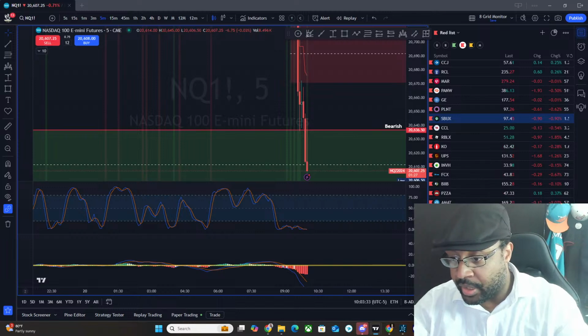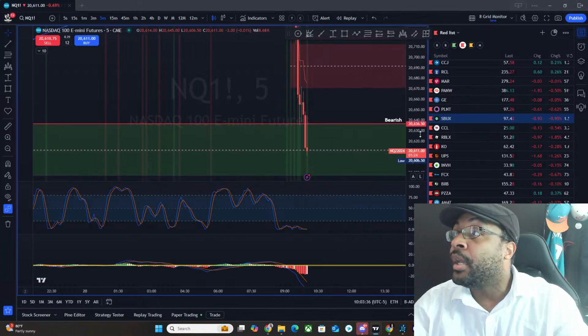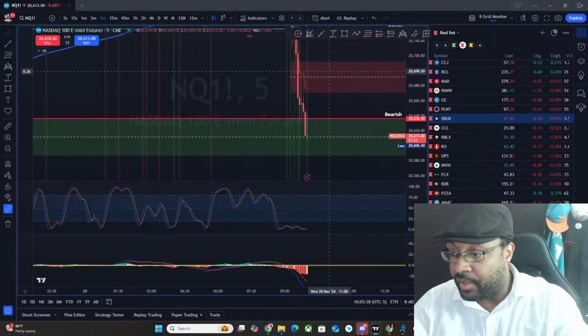That's our opening range breakout. Come on, let's go ahead and continue down. I have a target of 585.